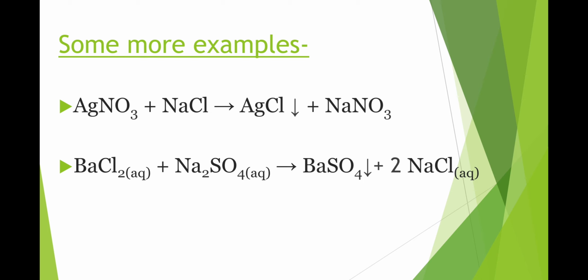Okay? It means we can summarize the double displacement reaction as an exchange of ions in the reactants to form new products, plus the more important condition that there is formation of a precipitate on the product side.